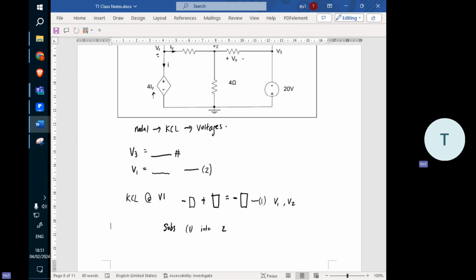Wait a minute, I'm getting confused here. Equation 1 into 2.